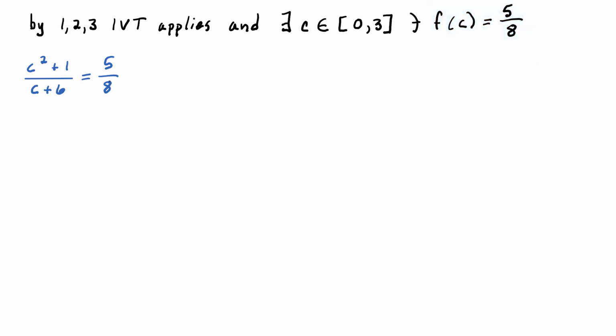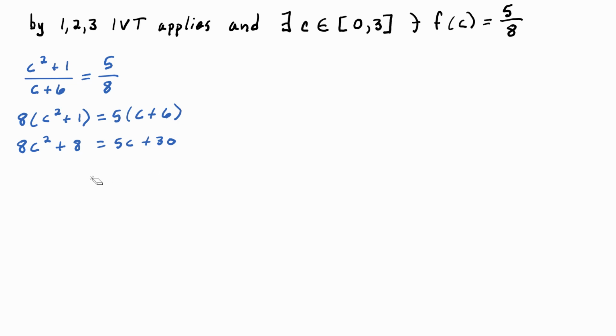So now let's go ahead and cross multiply. We would have 8 times the quantity C squared plus 1 has to equal 5 times the quantity C plus 6. Distributing, we get 8C squared plus 8 is equal to 5C plus 30.